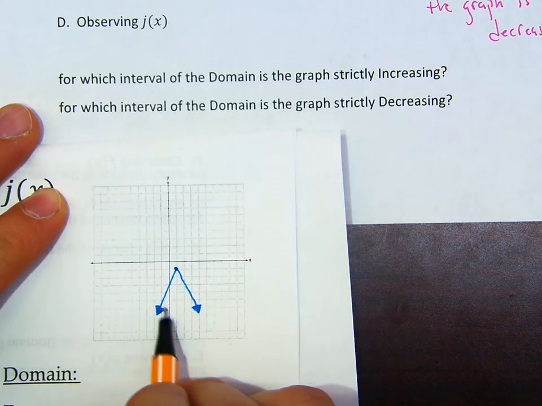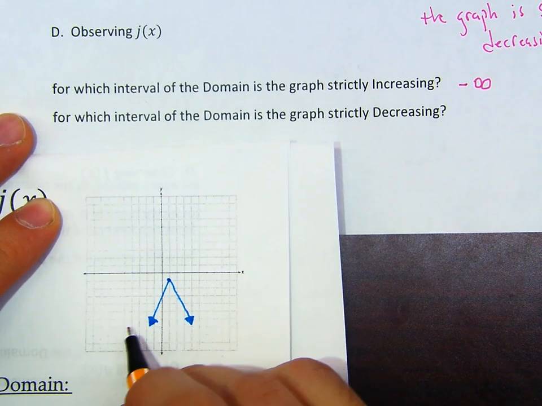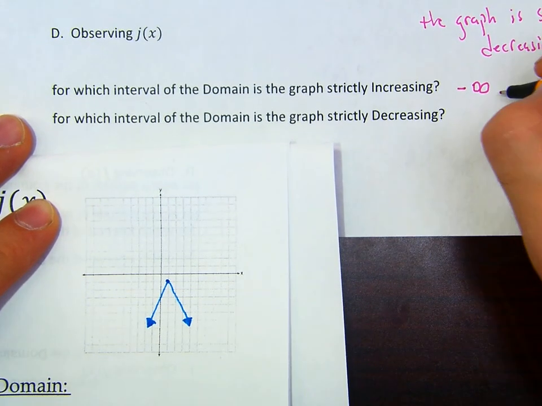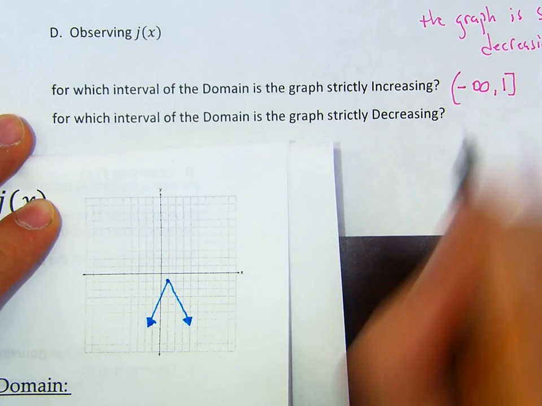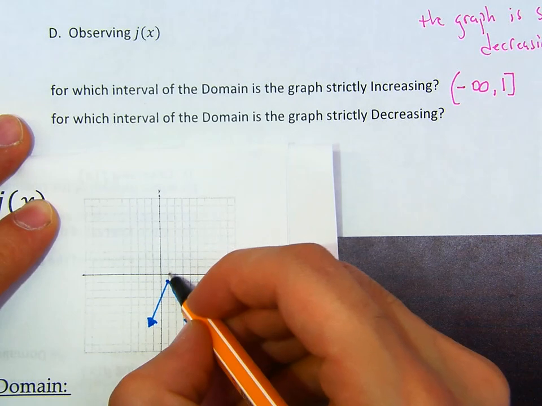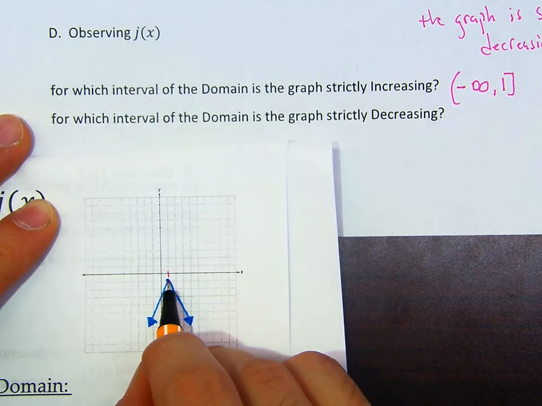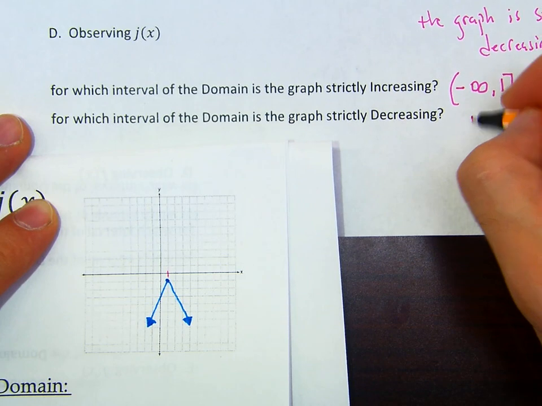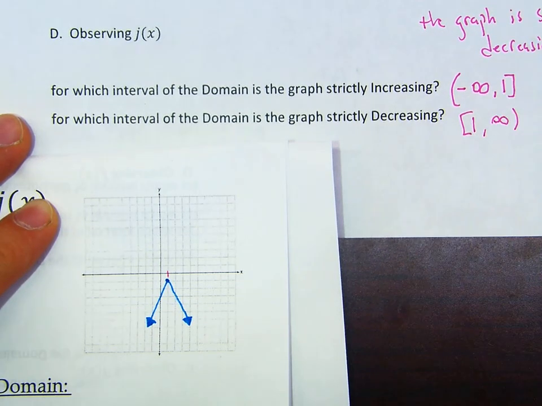The graph is increasing from negative infinity to what is this x value? It's 1. So the graph is increasing from negative infinity to 1 over here. Then from 1 to positive infinity, the graph is decreasing strictly.